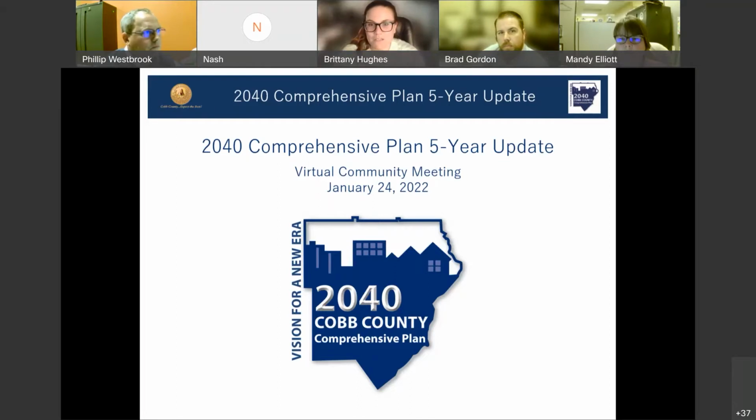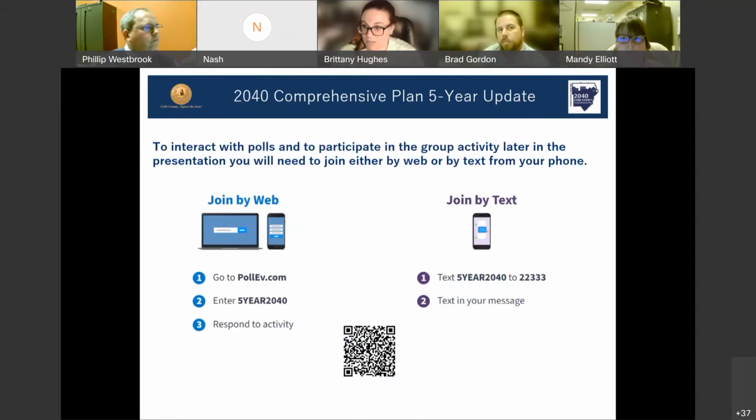And we do have some polling that we're going to be doing during this. So even those who are calling in can participate. You just need to text 5-year 2040. So the number 5, YE, A as an apple, R, 2040 to 22333 to join the poll.